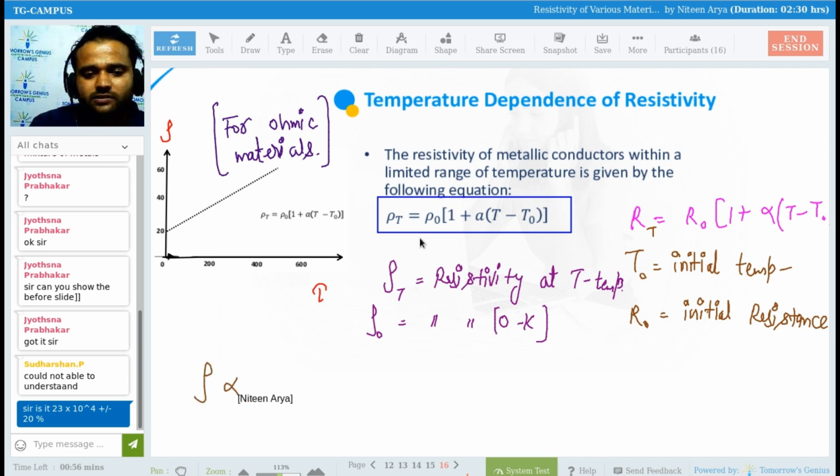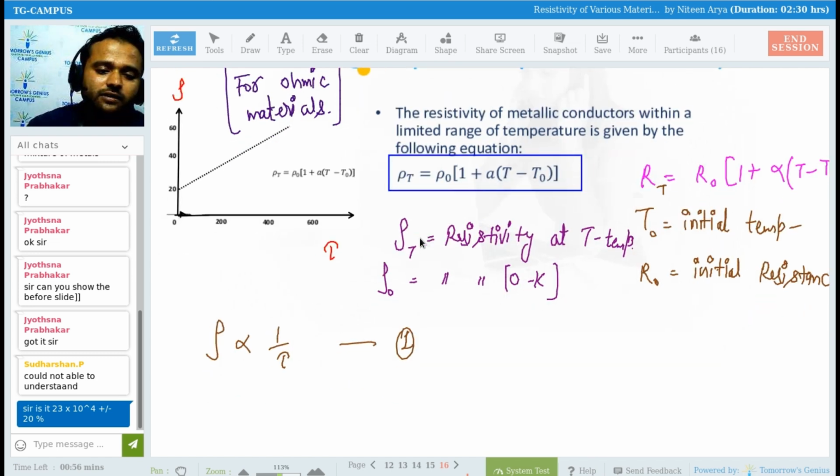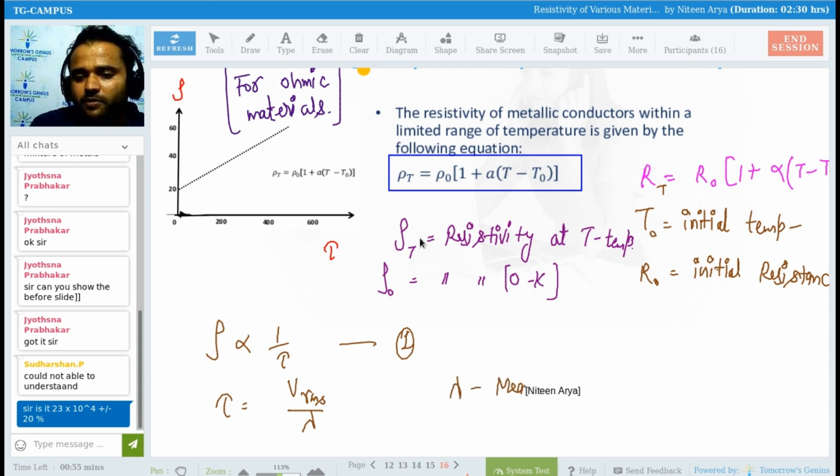Your resistivity is inversely proportional to tau. This tau is relaxation time. Okay, this is your first equation you can write. And then tau, if I'm not wrong, if it is time, then it is distance upon velocity, so lambda upon Vrms, where lambda is the mean free path.